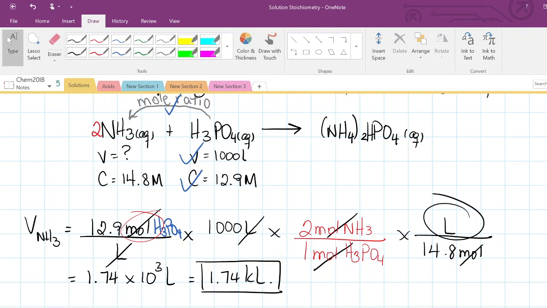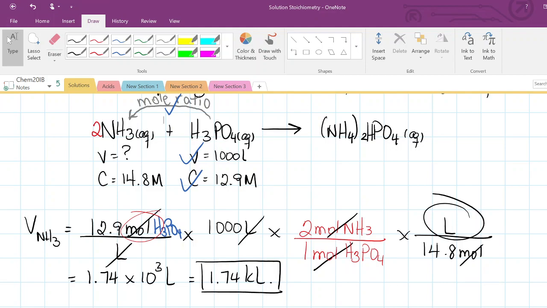I need to cancel out mole of phosphoric acid, which means I need this mole from the ratio under the division line. If the phosphoric acid is underneath the division line here, and it's on top of the division line here, those two units will divide by each other and they'll cancel out. And I'm going to place my 2 moles of ammonia on top of the division line.